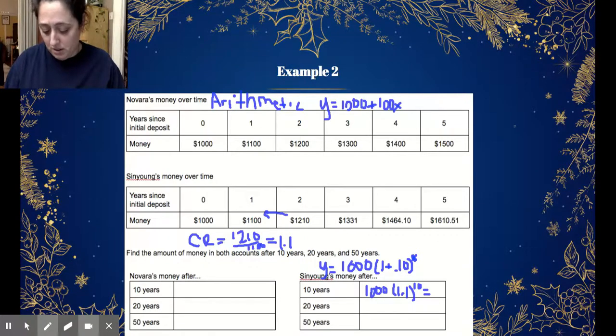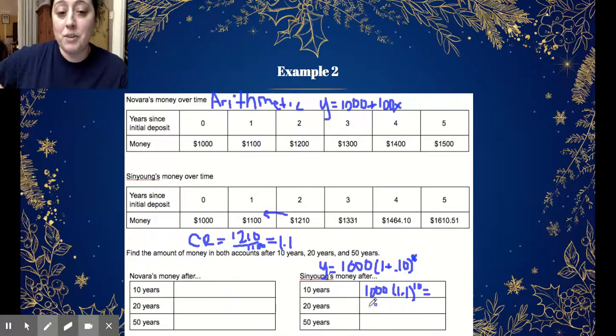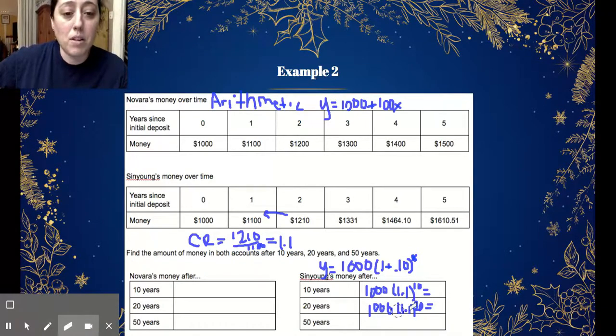I don't think so, I'm just using my phone. So put that in your calculator if you can for all of these. 1,000, and I think when you do the Desmos, it will do the calculation for you. Then I put in 20 for the exponent here.